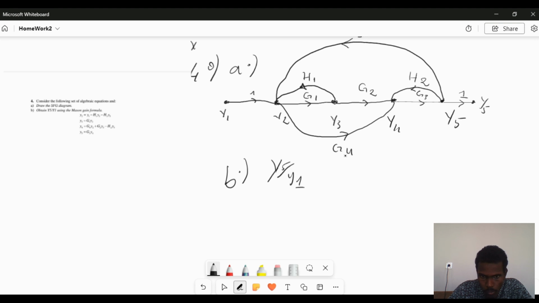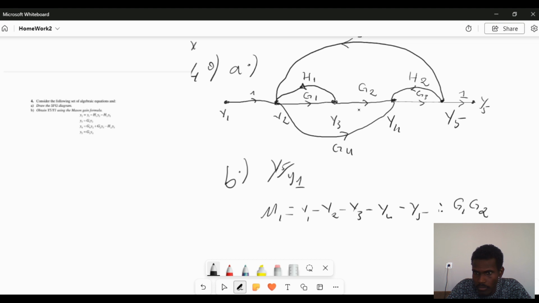Here we have M1, going through y1, y2, y3, y4, and y5. As M1 gain, we can say we have g1, g2, and g3.